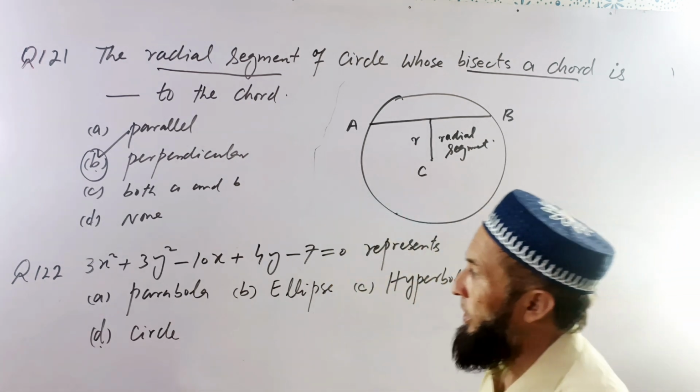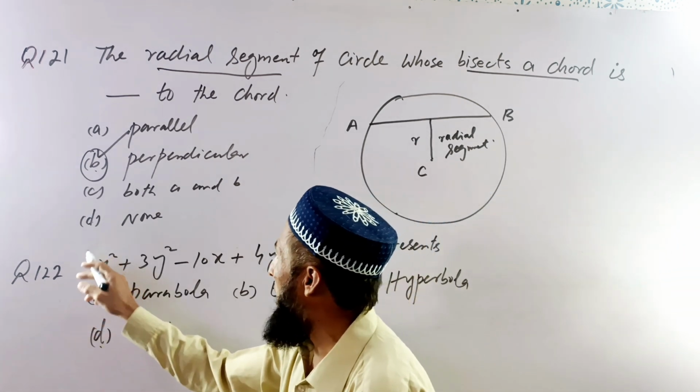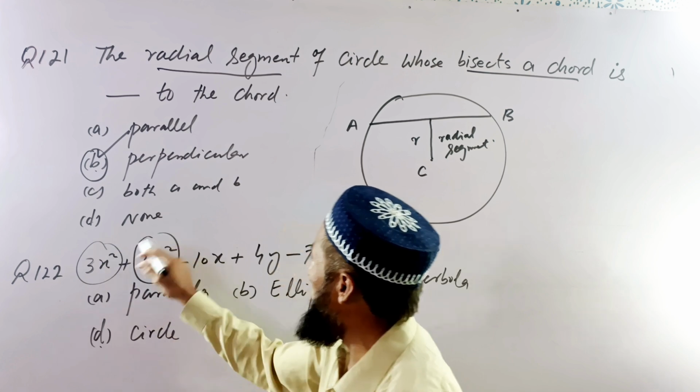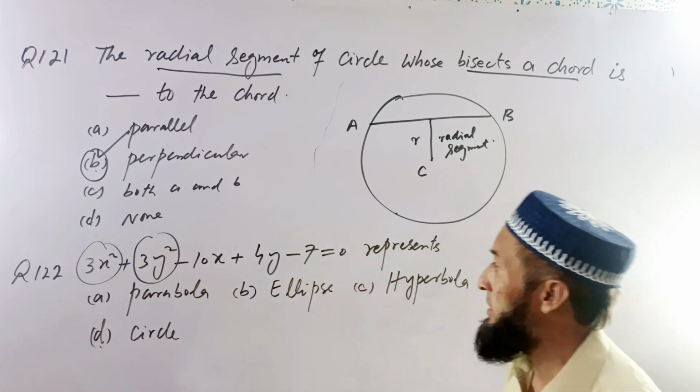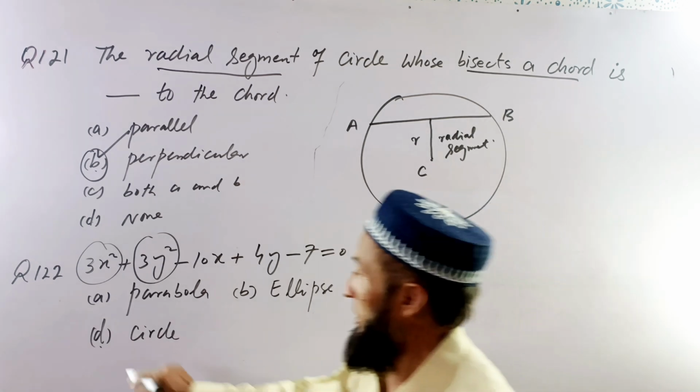And question number 122: 3x square plus 3y square minus 10x plus 4y minus 7 represents a circle.